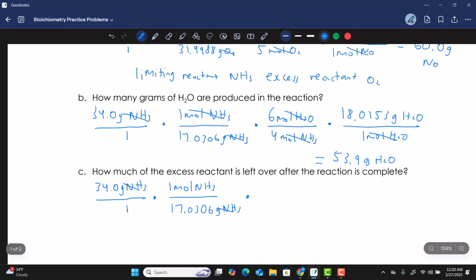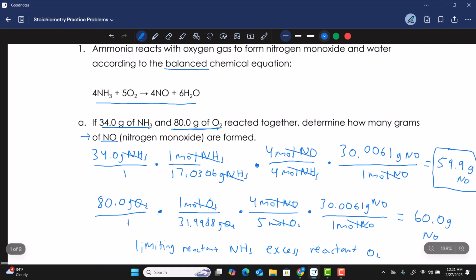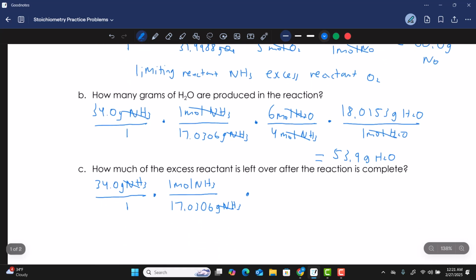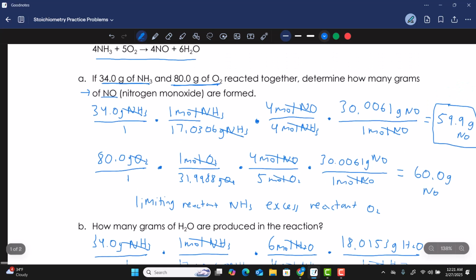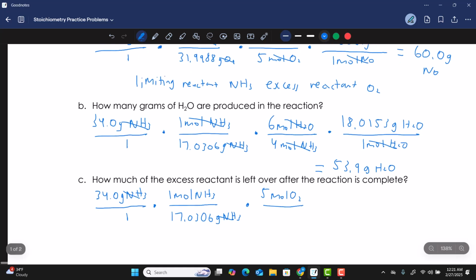So we would do moles of O2 on the top, and we have 5 moles of O2. And we want moles of NH3 on the bottom so that they can cancel. And we have 4 moles of NH3.